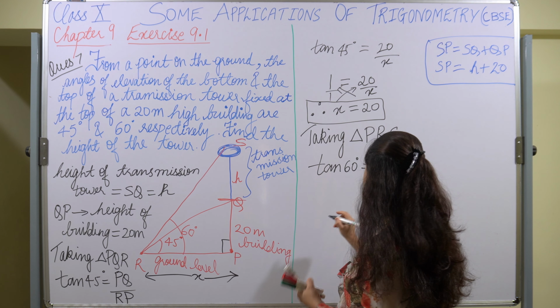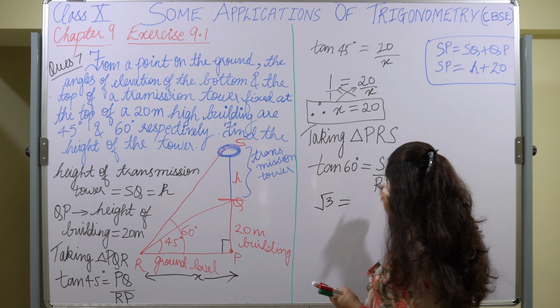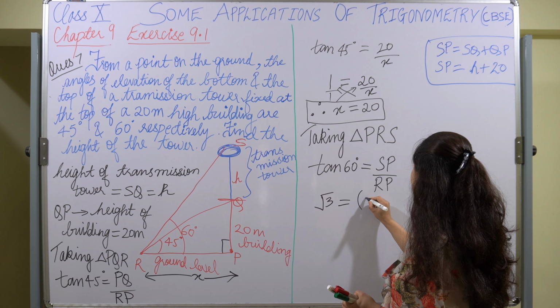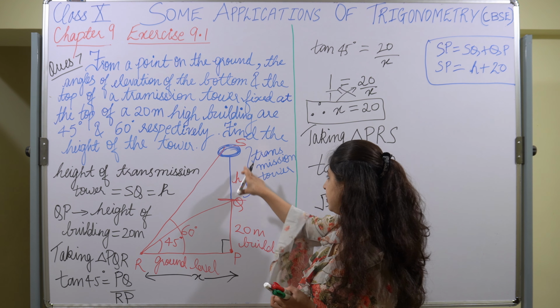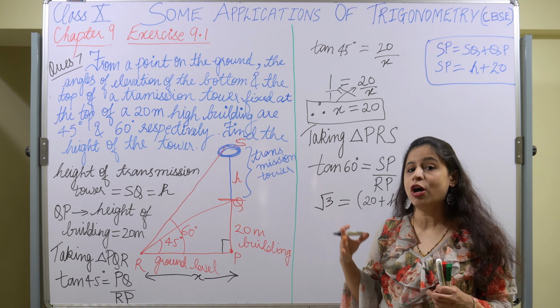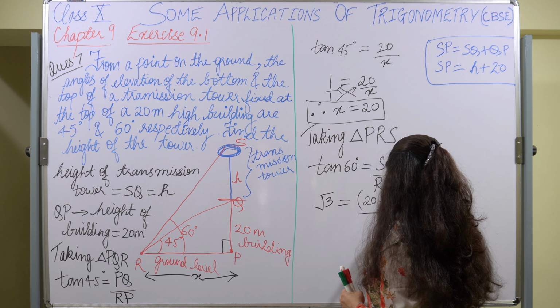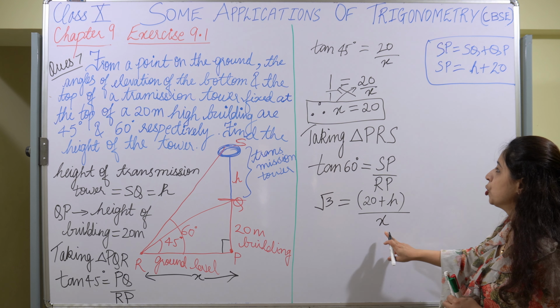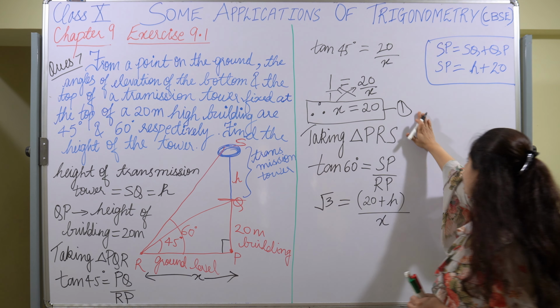So tan 60 is root 3, we already know. SP will be replaced by 20 plus H, where 20 is the height of the building and H is the height of the transmission tower, upon RP, which is X. Let us mark this equation as 1.